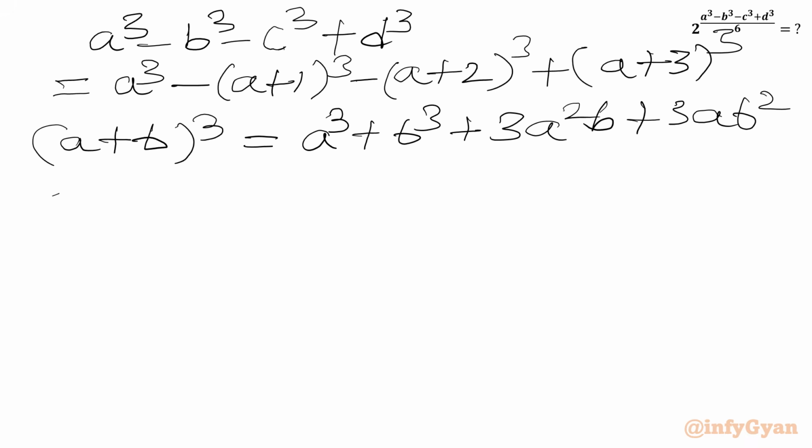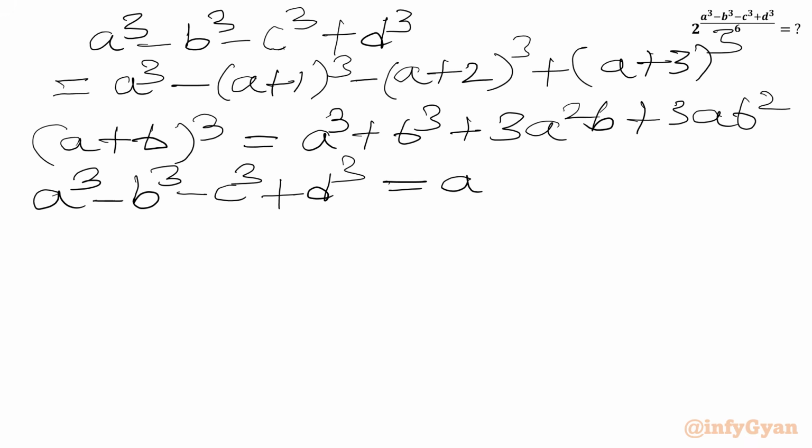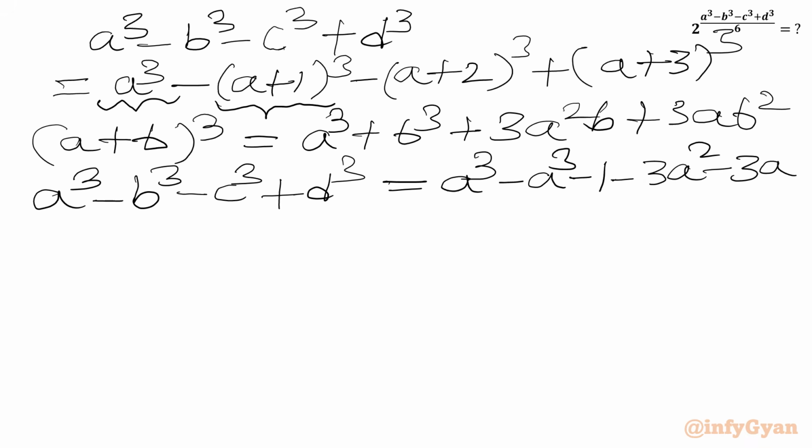Let's apply it to evaluate a cube minus b cube minus c cube plus d cube. So I will write equal to a cube. This is done. Now (a plus 1) whole cube, and then we will multiply with minus 1. So I will write minus a cube minus 1 minus 3a square minus 3a. Now we will expand (a plus 2) whole cube, then we will multiply with the minus sign.